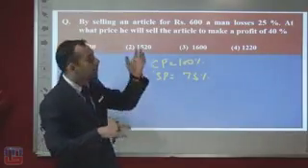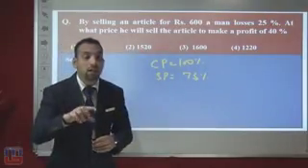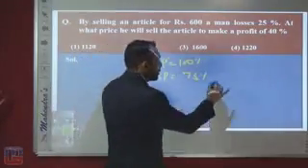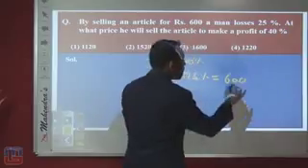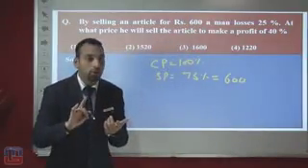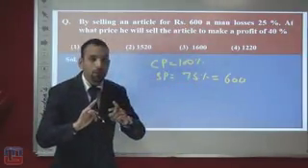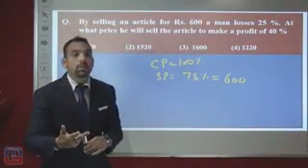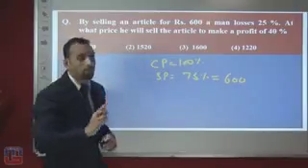What the question is saying: by selling an article for rupees 600, a man lost 25%. So directly we can see that this 75% must be equal to 600, and we have to find the value. At what price he will sell the article to make 40% profit?